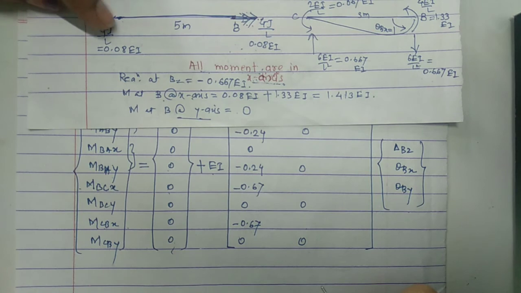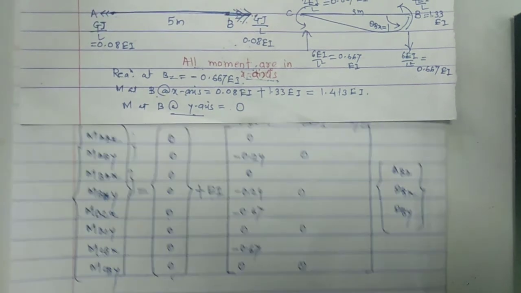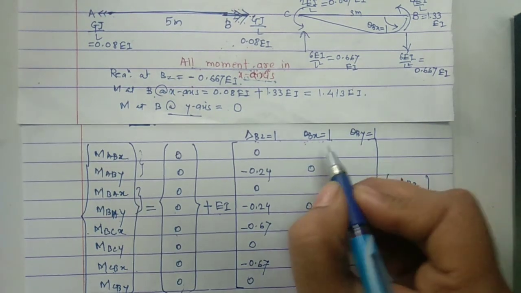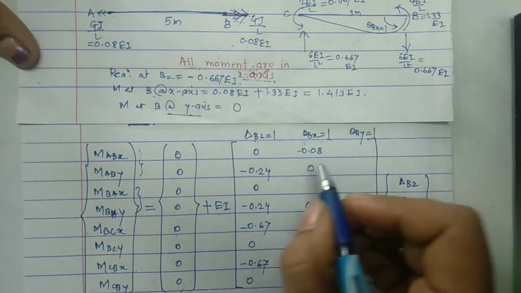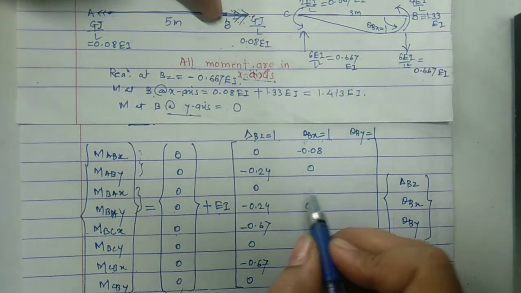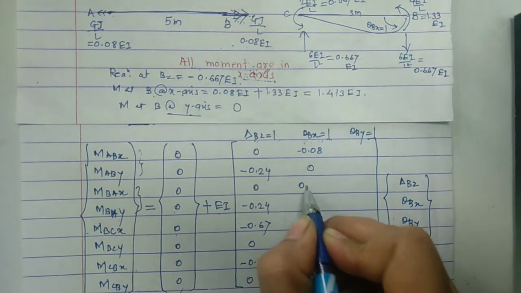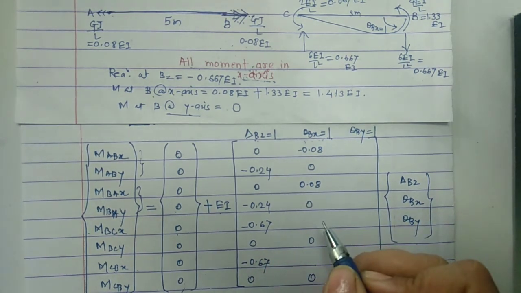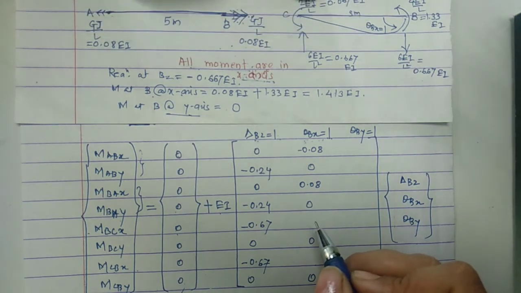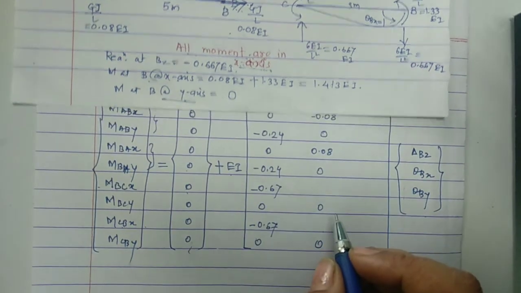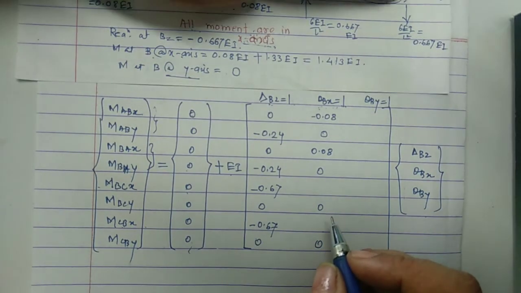AB value, this EI upon L, that is in left direction at A point, minus 0.08. Then this BA, that is in positive direction, 0.08. At C point, this is the value in anti-clockwise direction, 0.667.